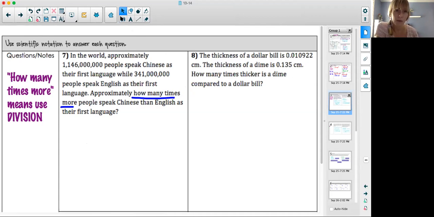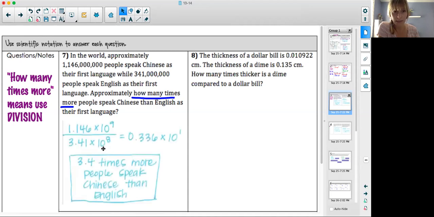Here's the other tricky thing about this problem: you have to actually change these values into scientific notation, because look at the instructions right here. Use scientific notation to answer each question. So I'm going to show you the setup. I'm going to show you the answer on these ones, okay? This is a division problem. You ready? Look what I did. Right here, this is 1.146 times 10 to the 9th.